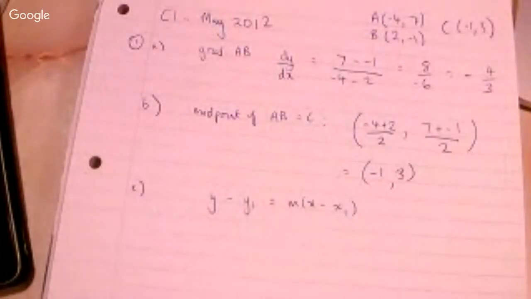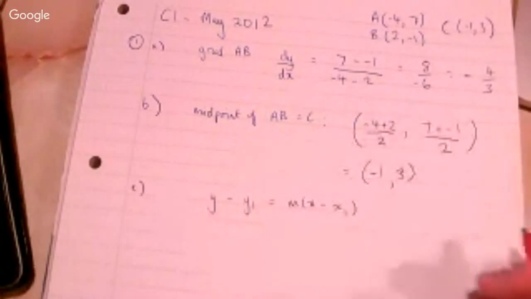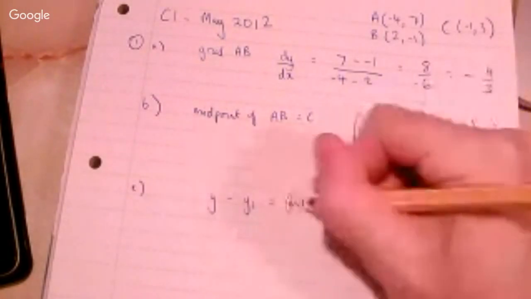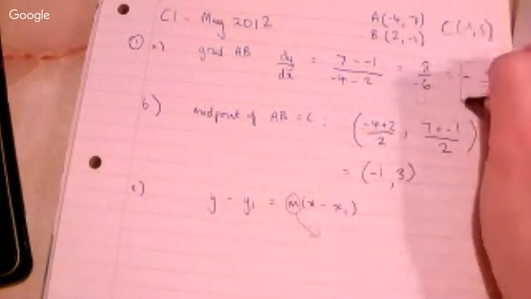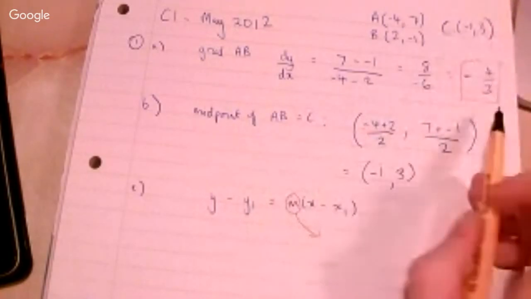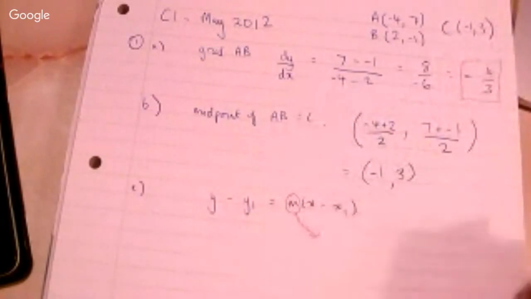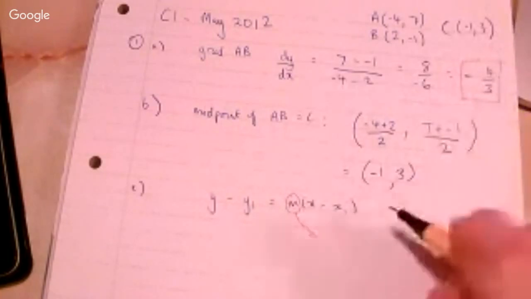So for the equation of L, I need to go back and read the question. It says that L is the perpendicular bisector of AB. So I need to work out this gradient here. So the gradient, m, using this equation, is not the -4/3 from up here, because that is the gradient of AB, and it's perpendicular to that. So the rule that I'm using is that the gradients have to times together to make -1.